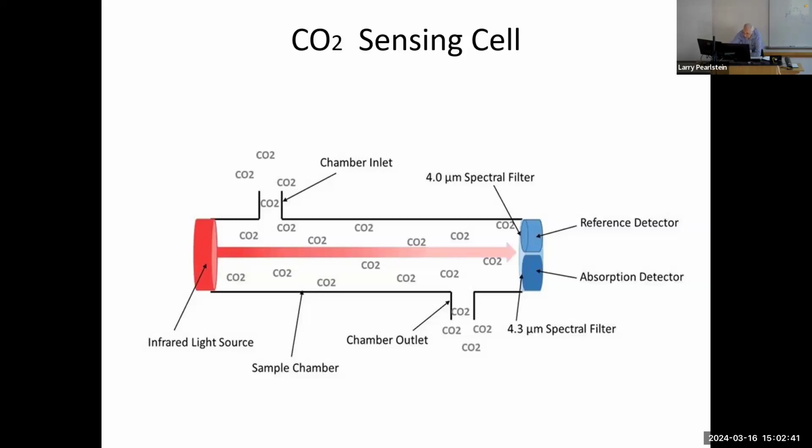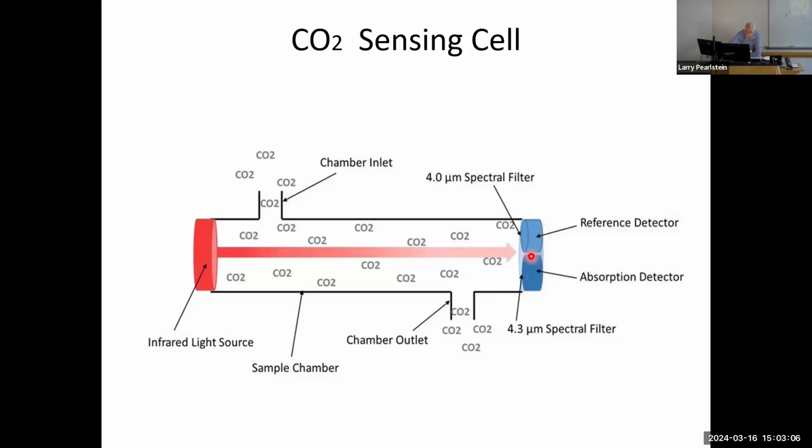What you have is an infrared light source, which can be fairly broadband. An excellent one is a tungsten lamp, which puts out a lot of infrared. You don't even have to run the filament at full voltage. Here you have 2 detectors with filters. One is the reference detector, which is tuned to a wavelength outside the absorption band, and the other is the absorption detector, which is tuned right to the middle of the absorption band.